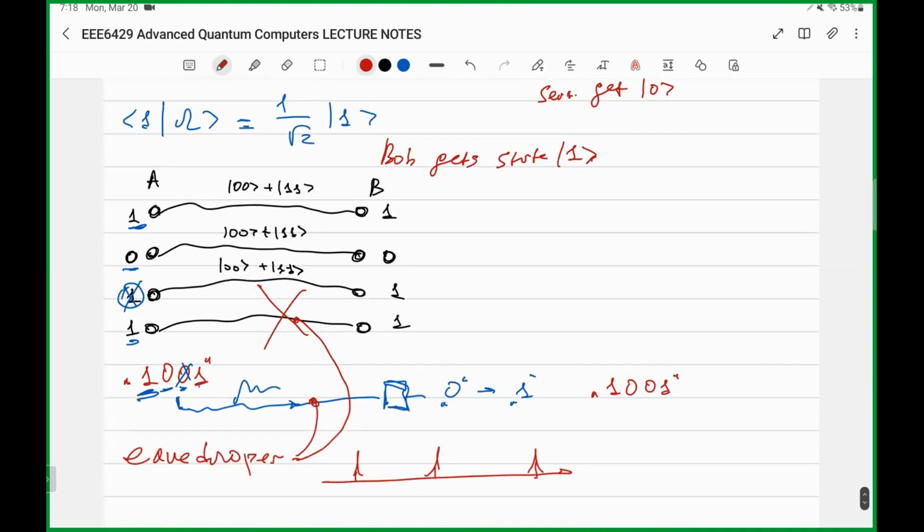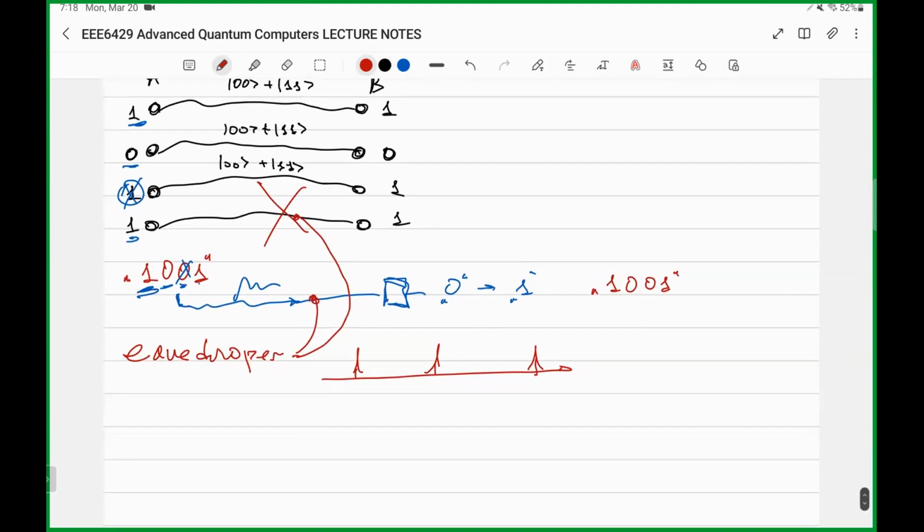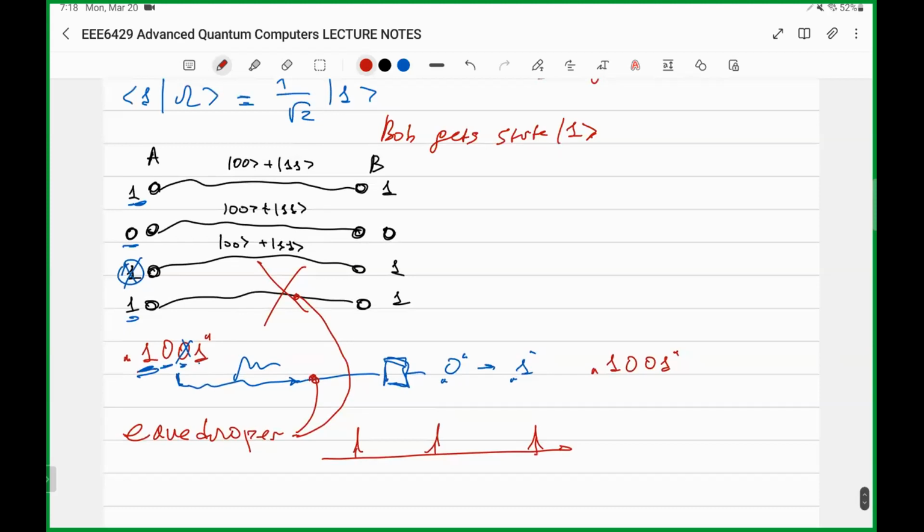For example, one would say, oh, the eavesdropper can measure the quantum channel and then prepare exactly the same state and send this to Bob, but he cannot do that, because he cannot clone the quantum state. And this is a hint of how the quantum cryptography concept works.